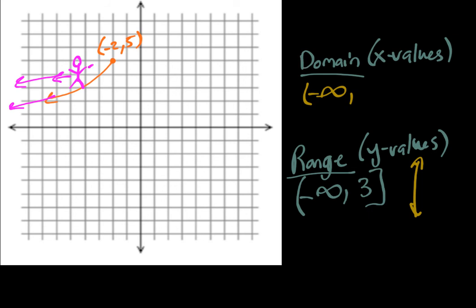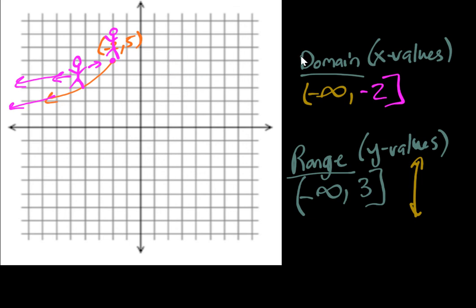But if I walk to the right, I'm going to stop right there. There's nowhere else to go, so the furthest right I can go is negative 2, and again, it's in brackets. Notice I can't go anywhere out here. There's nowhere to stand, so I can't go to that point.